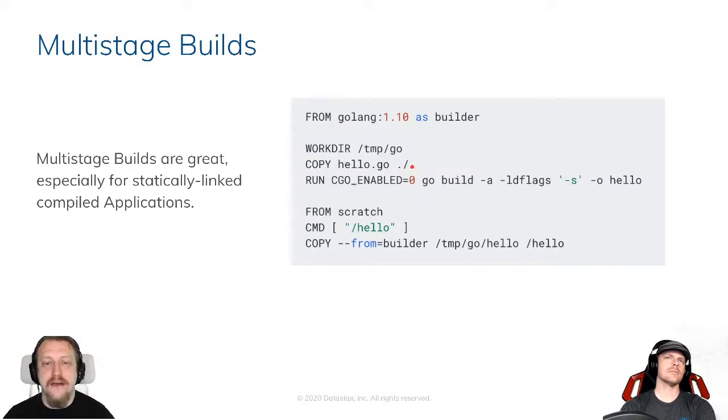Second, we copy the source code to this directory. And finally, we run the go build command, and we put everything into an output file named hello, just a file name, and we compile it statically. So it will have all its dependencies inside.